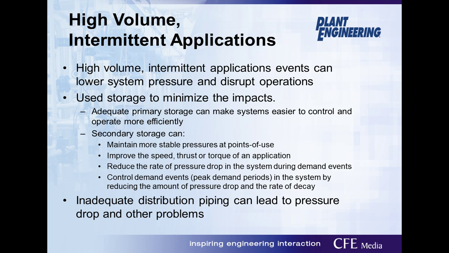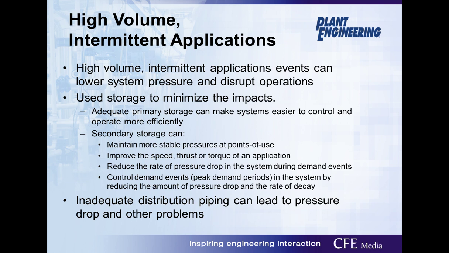And the high volume intermittent uses, again, could be dust collectors, they could be transport, they could be anything that uses a large volume quickly. When that happens, it can disrupt production and operations by dropping pressures. So what you want to do is use storage to minimize these effects. You want to properly size and calculate it, which we go through in our advanced training.